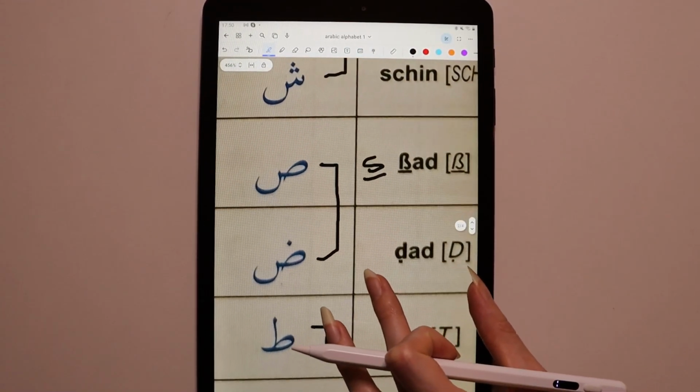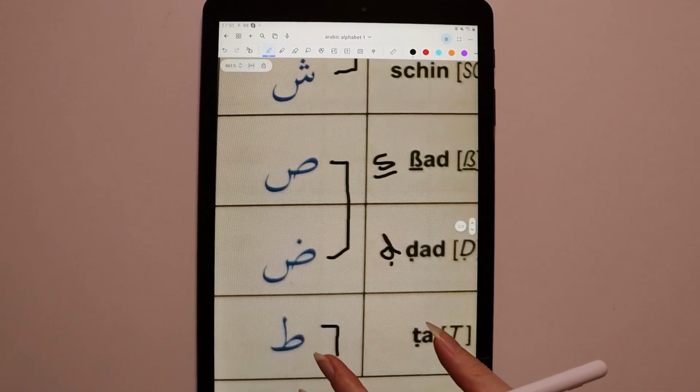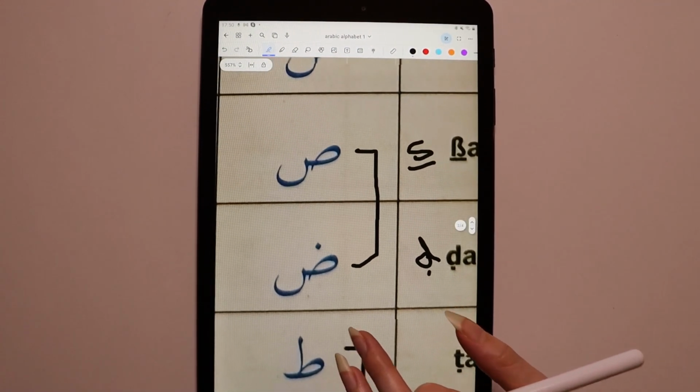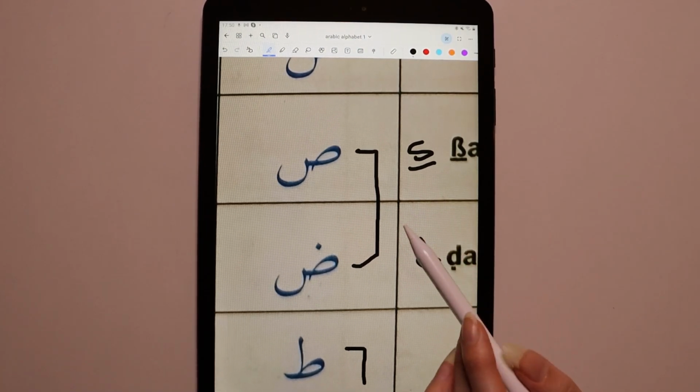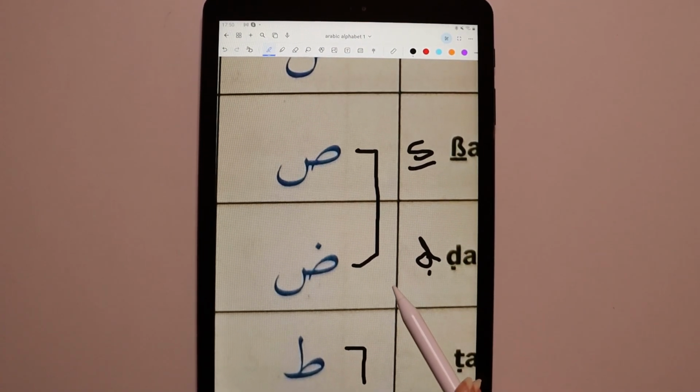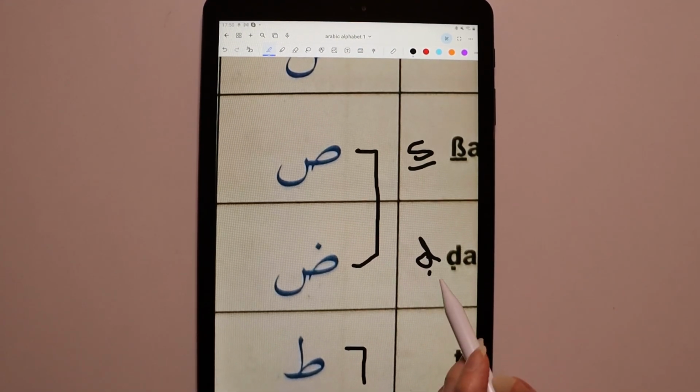And then we have dad. This is a really deep D. I can't really say throat S or throat D, because I don't even know how you produce these two letters. But this is a really deep D, so dad.